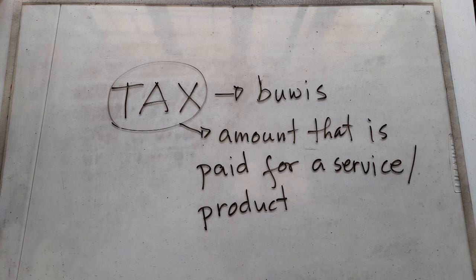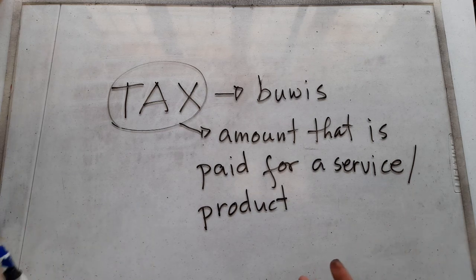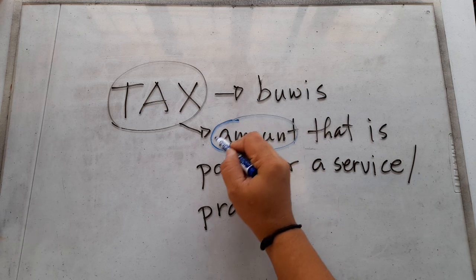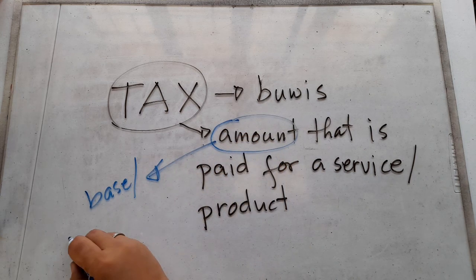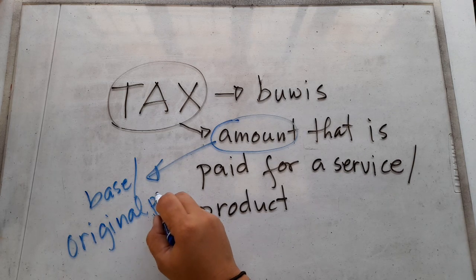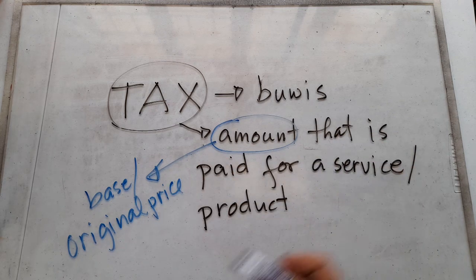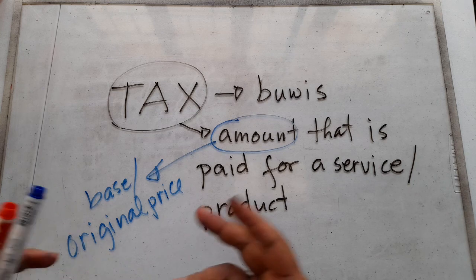Okay? So, it's an amount that is paid for a service or a product. A service na ginamit ninyo or isang product na binili ninyo. Now, what is this amount? Yung amount na yan actually is the base or we call it the original price of the service or the product na ginagamit natin. Now, when we talk about tax, dalawang klase yan.